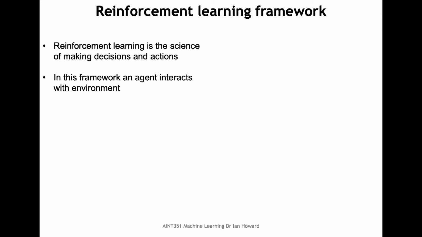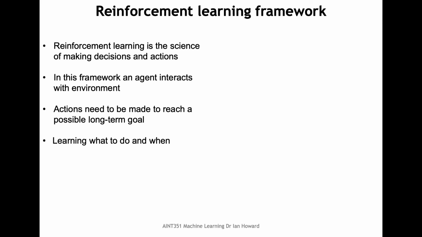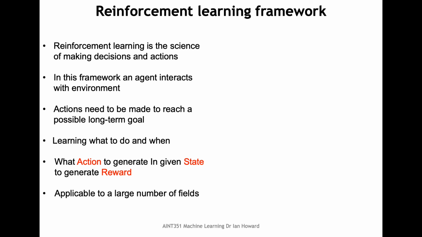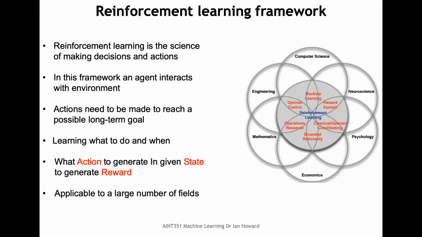But always the agent is interacting with the environment, always aiming to get the best possible long-term goal. So it doesn't care about the immediate reward, but it cares that it's doing the right thing. So it finally, let's say, gets out of the maze. So, what action should the system take in the given state in order to get the best long-term reward?